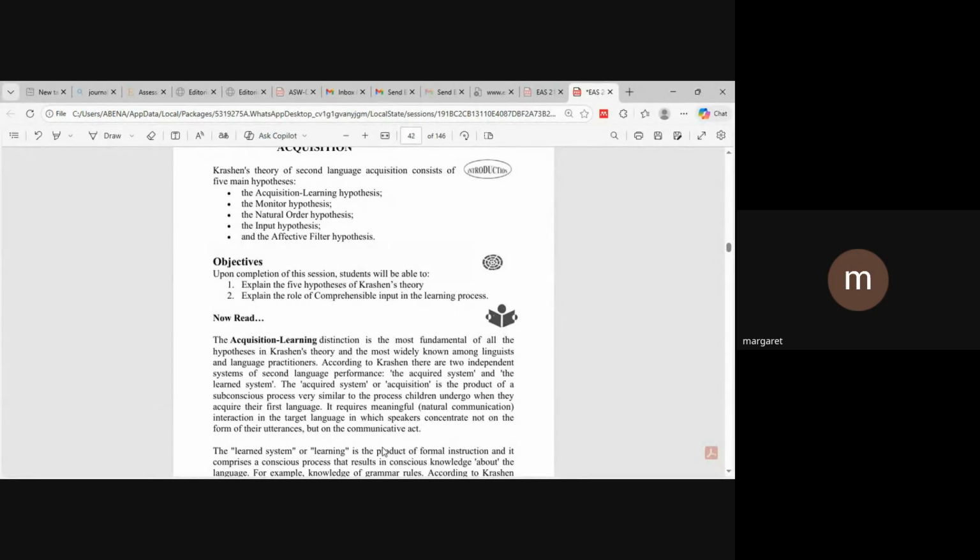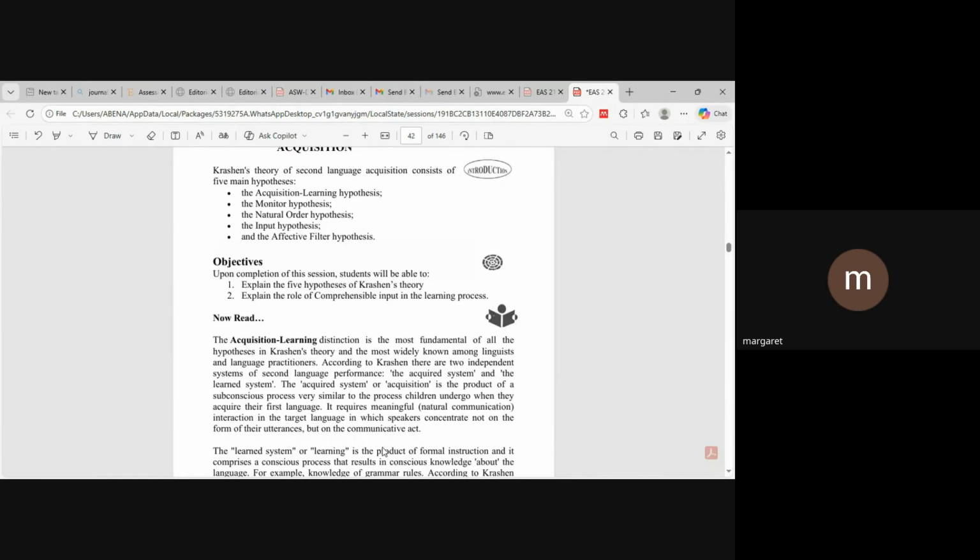The acquired system is done subconsciously. Please take note. It occurs in a natural environment and doesn't need a classroom system. But the learned system goes through an intentional, deliberate process to help you learn the language.